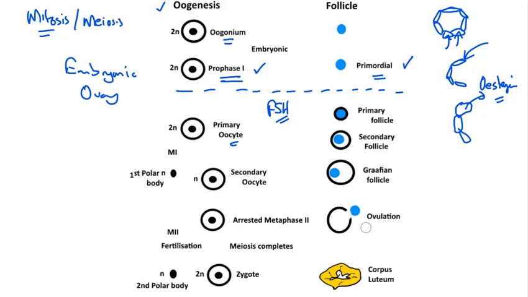As this progresses under the influence of FSH in the first stage of the menstrual cycle, the primary oocytes will go through meiosis 1, and as they do so, of course, this involves the separation of the homologous pairs and should produce 2 haploid nuclei.